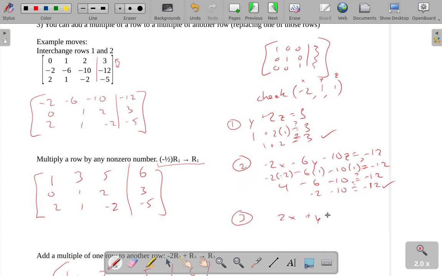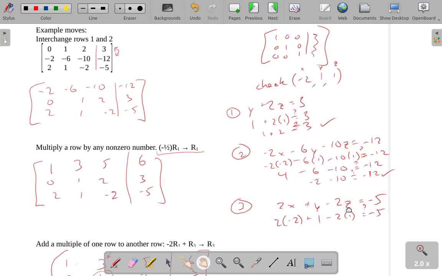And the last equation: 2x plus y minus 2z equals -5. Plugging in the point that I found, -2, 1, 1, checking to see if this is a true statement.